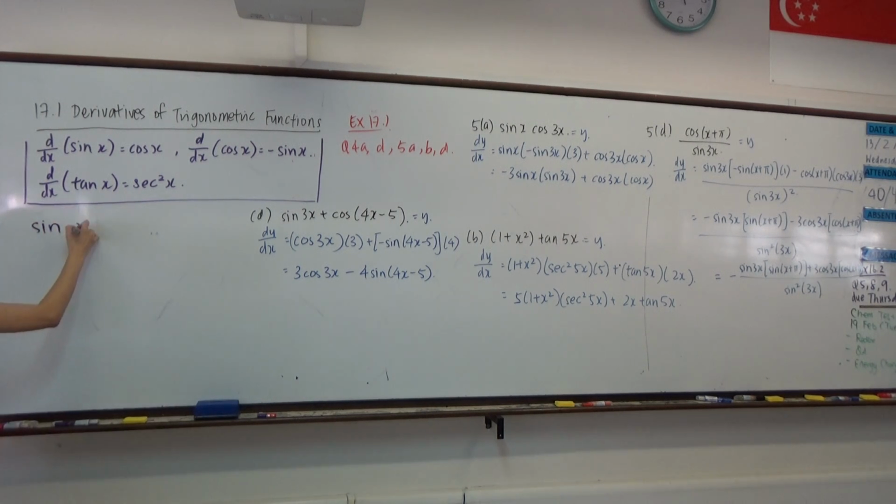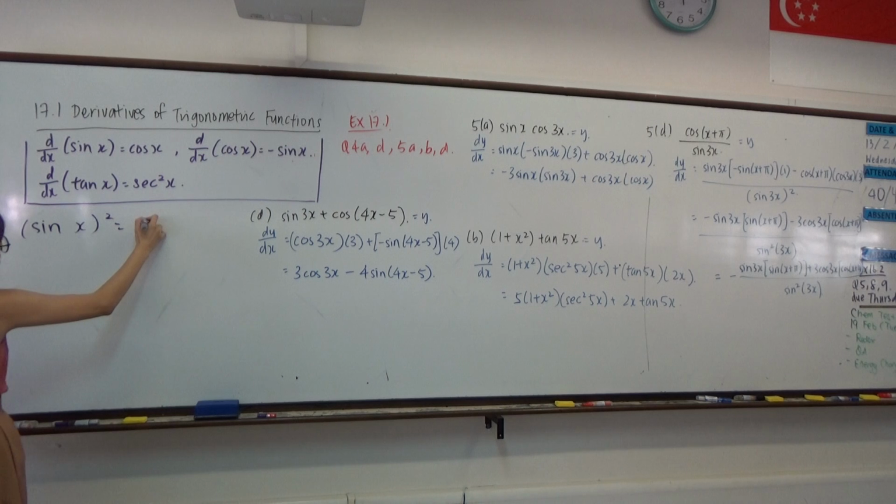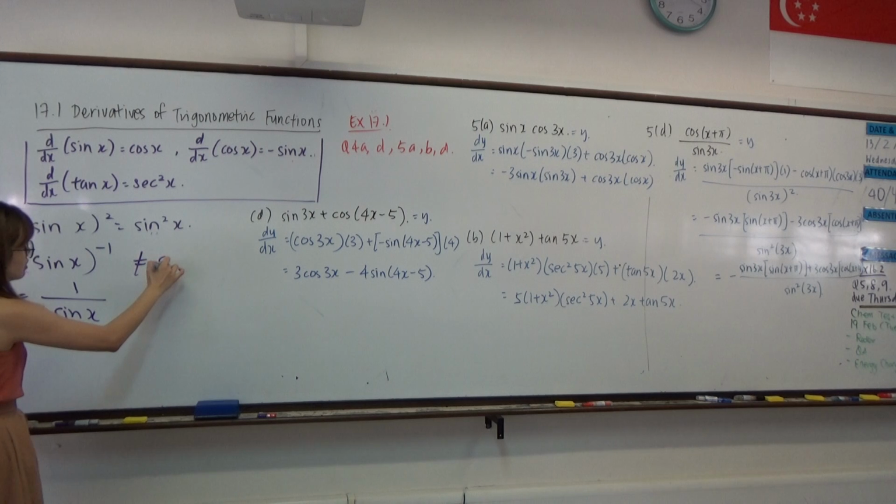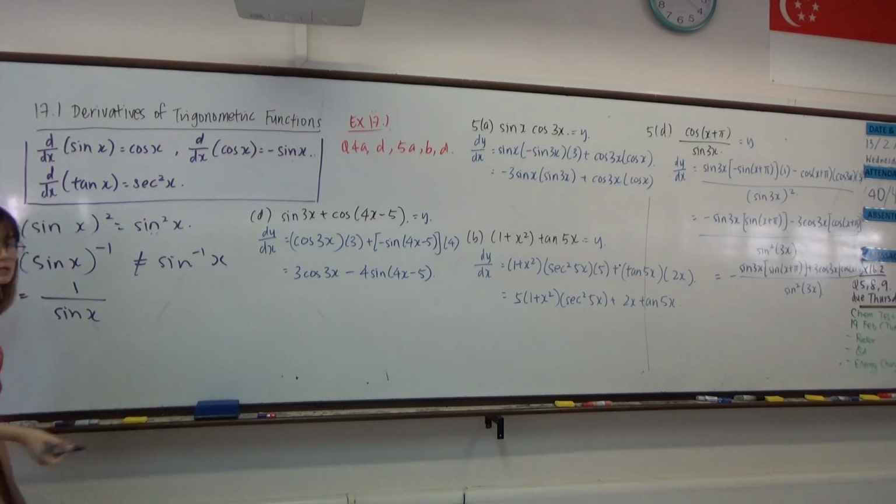Notation-wise for sine, cosine, tangent, putting bracket square is the same as having the square inside. However, this does not apply for power of negative 1. Sine x to the power of negative 1 equals 1 over sine x. It is not equal to sine inverse x.